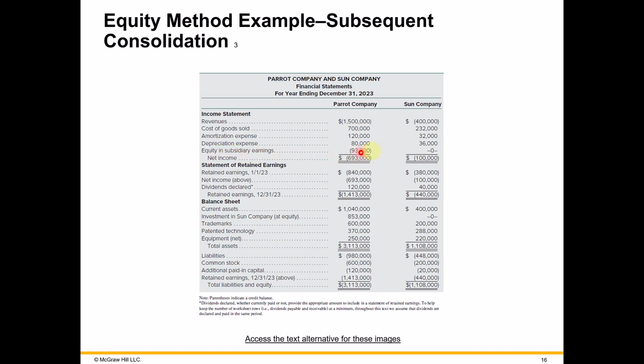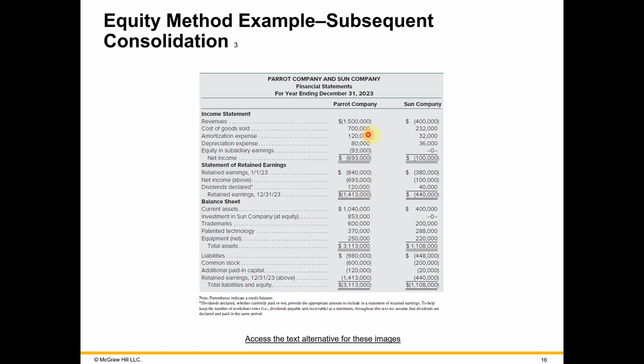This 100,000 here is reduced, remember, by that 7,000 net amortization adjustment. Okay, so that would be a credit to income and then a debit to this asset account here, resulting in this 853,000. Oh yeah, we also had to reduce it by the dividend, this 40,000, reducing that initial cost, leaving this as the balance in the sub investment on the books of the parent.